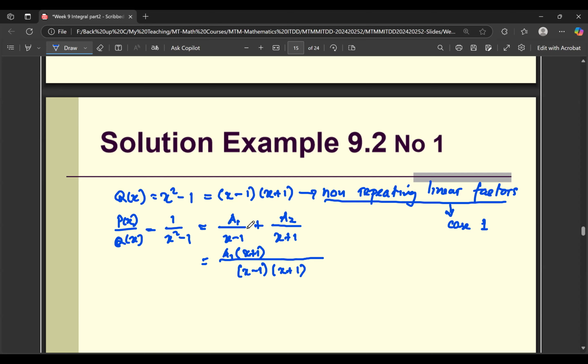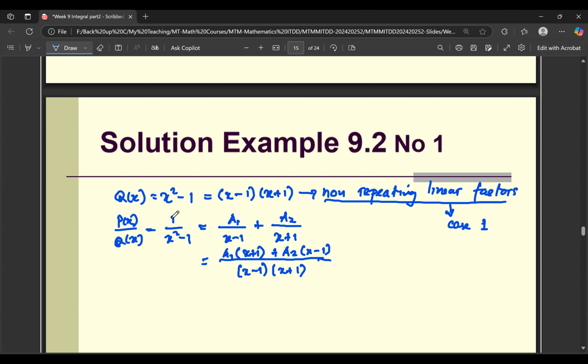And of course, A2 will be multiplied by the other factor, x minus 1. This is one of the algebra manipulations.